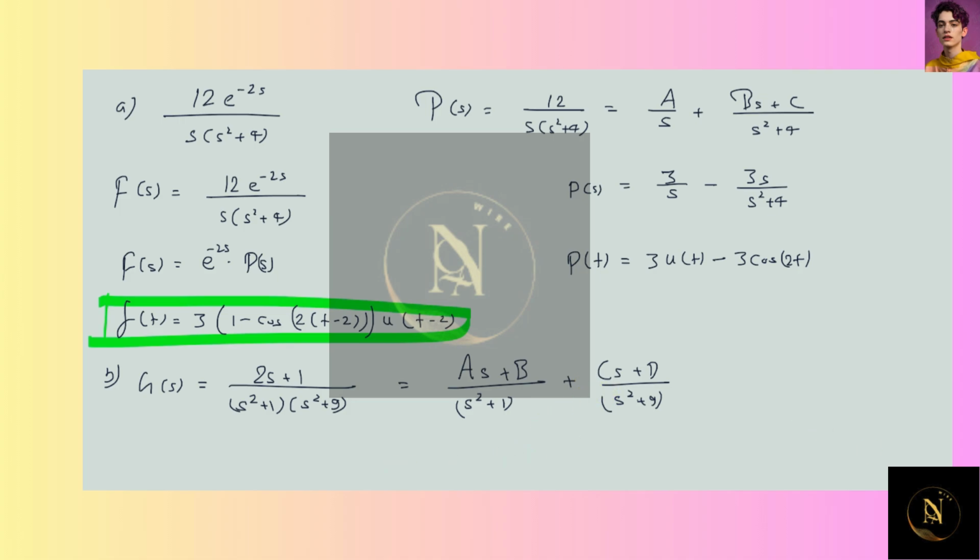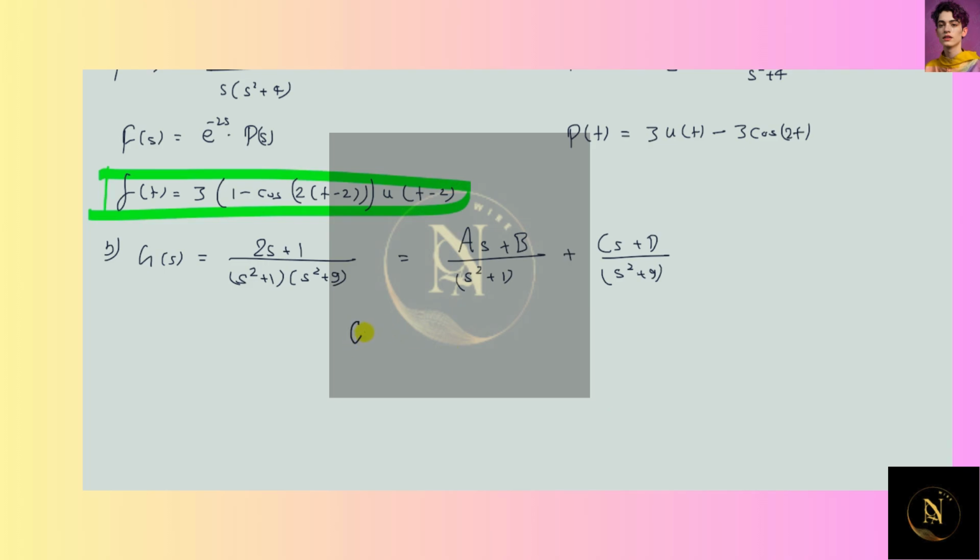So G(s) = (1/8)(2s + 1)/(s² + 1) − (1/8)(2s + 1)/(s² + 9). Now we can find the Laplace inverse.